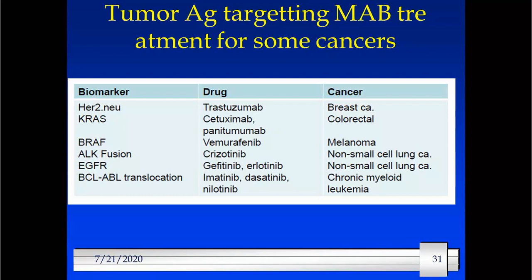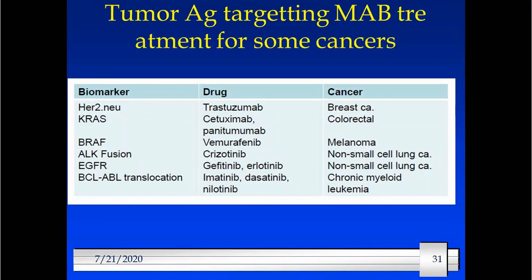We have the last one, the BCR-ABL translocation, inhibited by imatinib, used in CML treatment, and many other examples. The most important two examples are trastuzumab and imatinib.